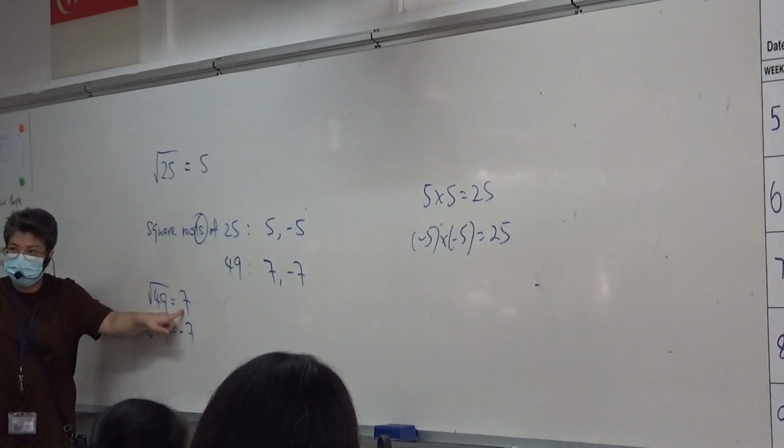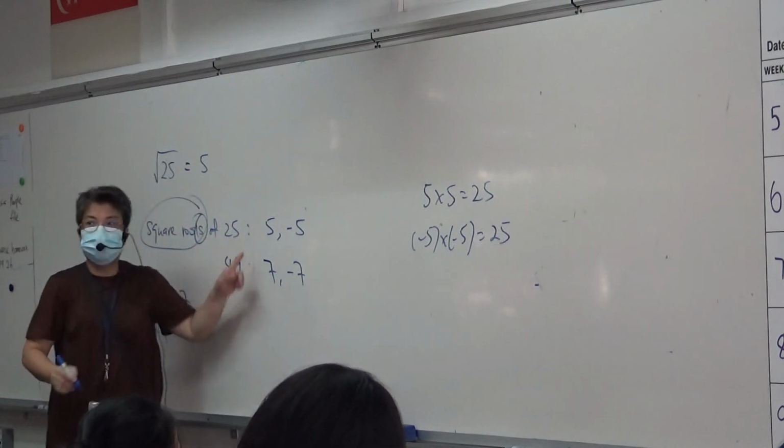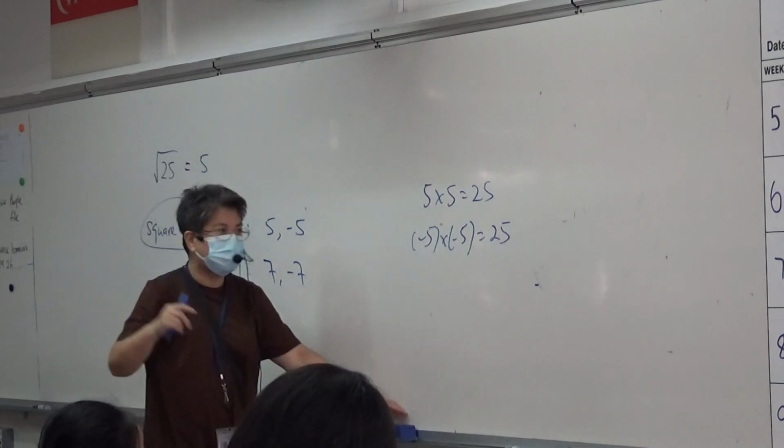Only 7. But whenever I put a negative, it's a negative 7. But if I spell out, they have 2. Understand now?